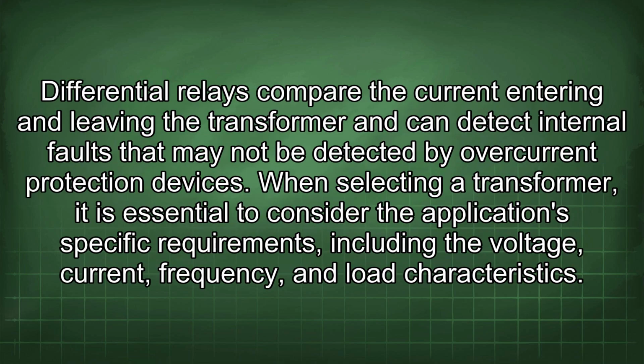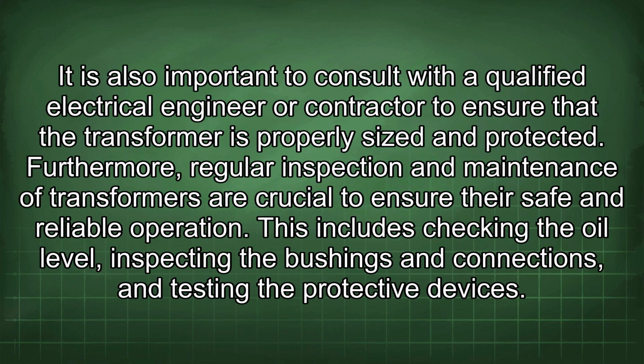Differential relays compare the current entering and leaving the transformer and can detect internal faults that may not be detected by overcurrent protection devices. When selecting a transformer, it is essential to consider the application-specific requirements, including the voltage, current, frequency, and load characteristics. It is also important to consult with a qualified electrical engineer or contractor to ensure that the transformer is properly sized and protected.